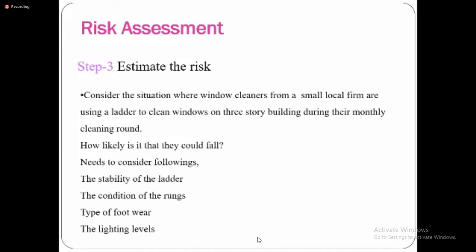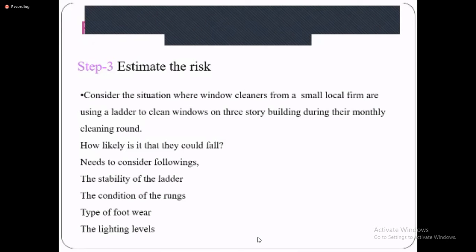They are doing a monthly cleaning round. How likely is it that they could fall? Then when we consider the likelihood of that particular fall from height, we have to consider the following.